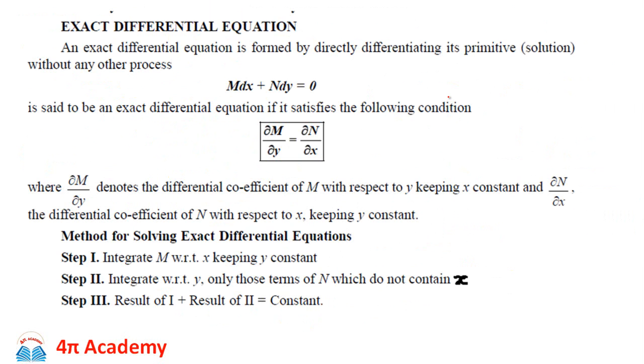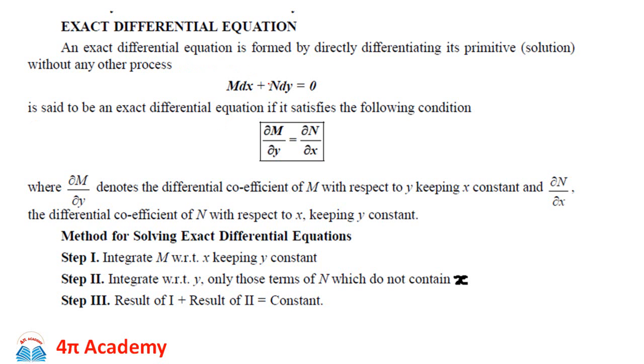Then the next topic is exact differential equation. An exact differential equation is formed by directly differentiating its primitive solution without any other processes.